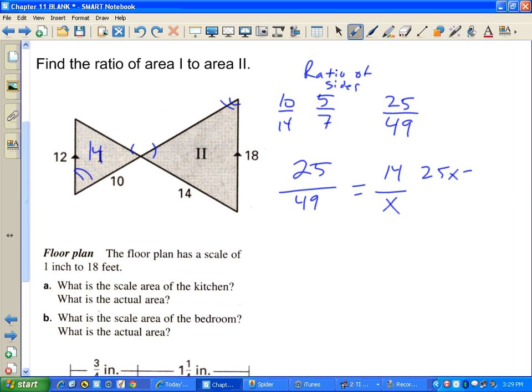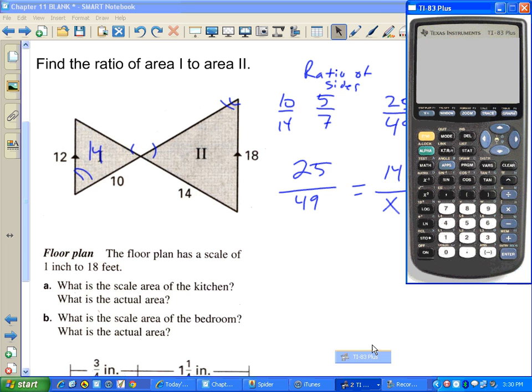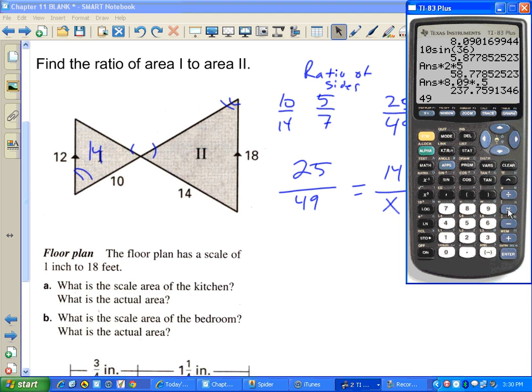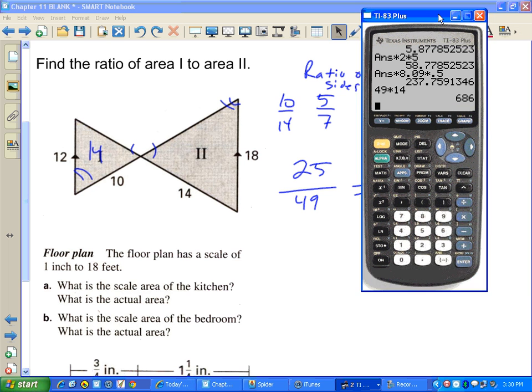So you get 25x equals 63, no, 49 times 14, which is 686.